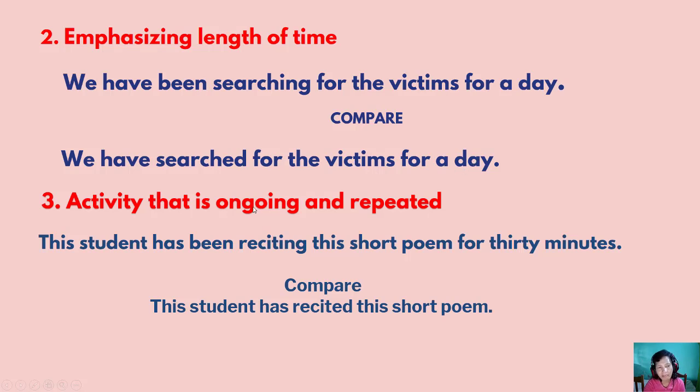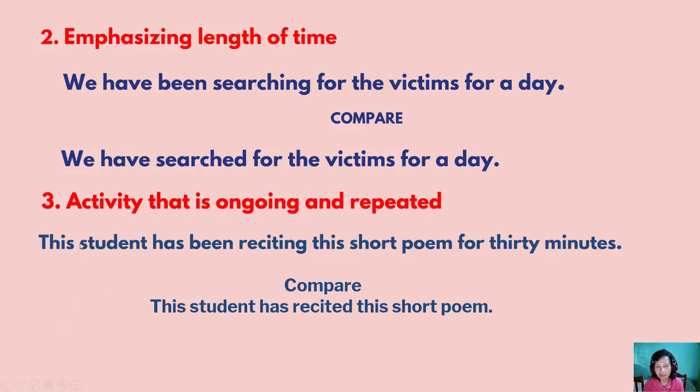Okay, and then we have the next use: to show activity that is ongoing and repeated. In simple present perfect, I hope that you still remember that it also shows repeated action, but it is different.